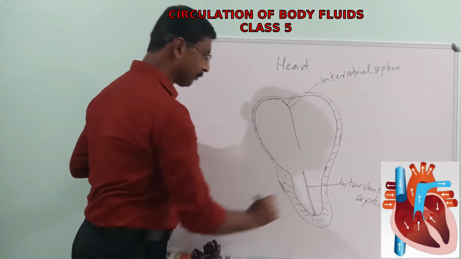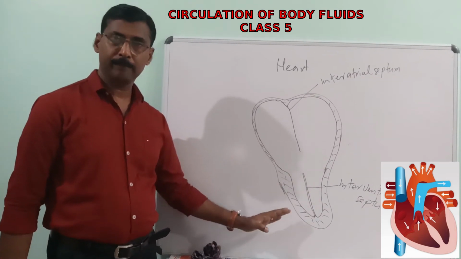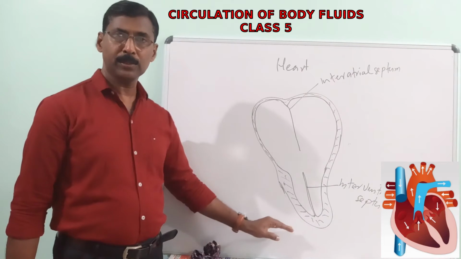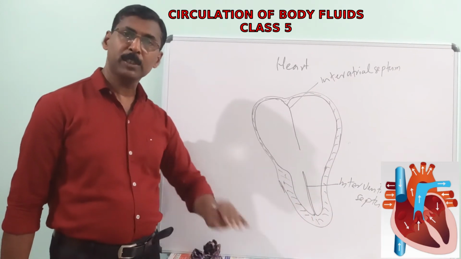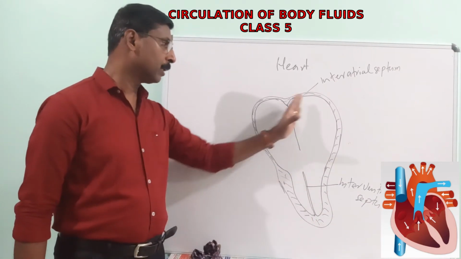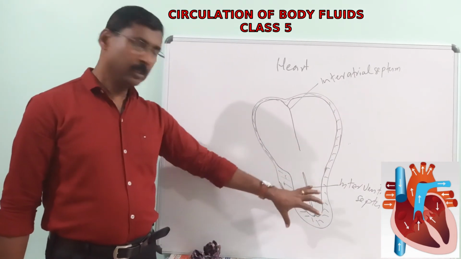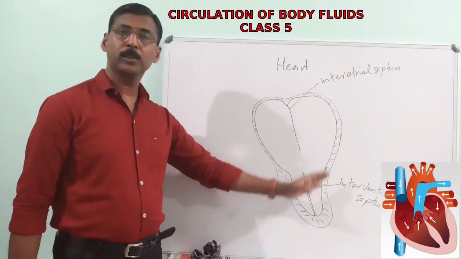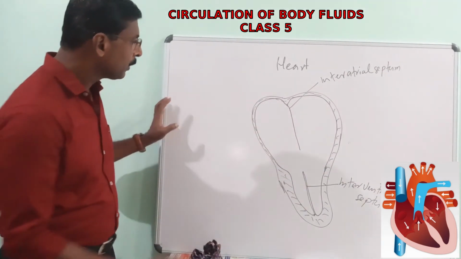The wall of the ventricle is much thicker than the wall of the atria. The reason is that the pumping action of the ventricle is much more powerful than that of the atria. So in order to pump very forcefully, the wall of the ventricle should be thicker. That's the reason behind that.